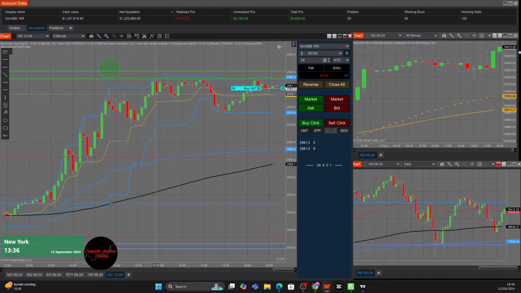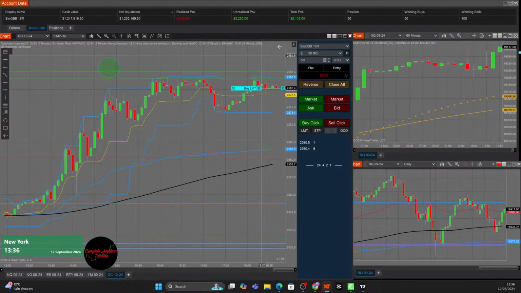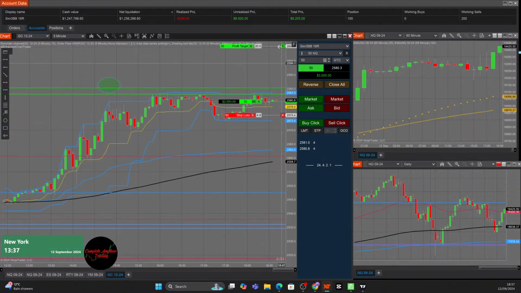Let's take the risk. Maybe this consolidation through here will just solidify the next leg up. Oh, battery's low. There we are. 75.4. 85.2.